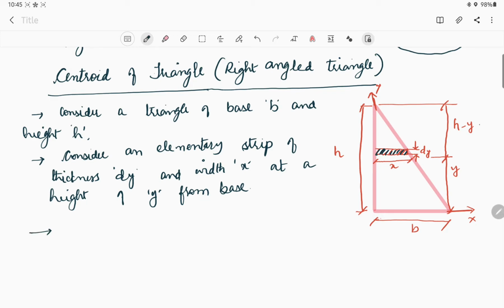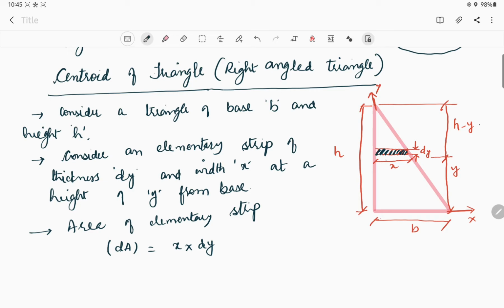So what is the area of a rectangle? Base into height. So x into dy. Can I write it like this? x into dy is the area of this horizontal strip.